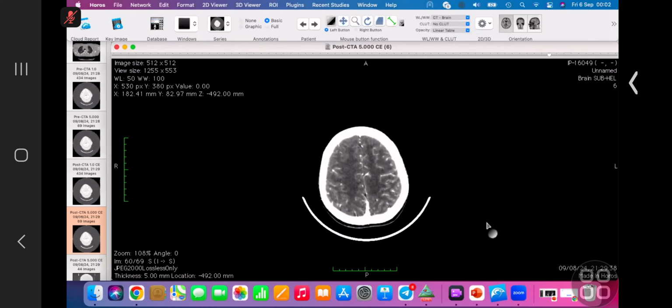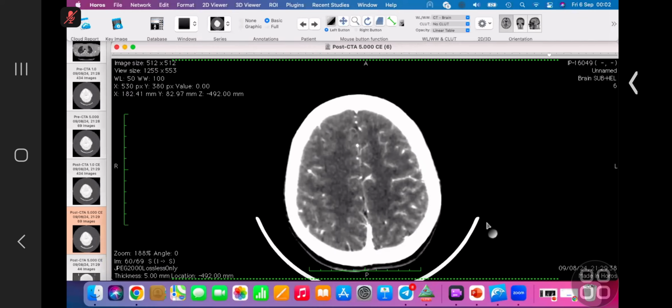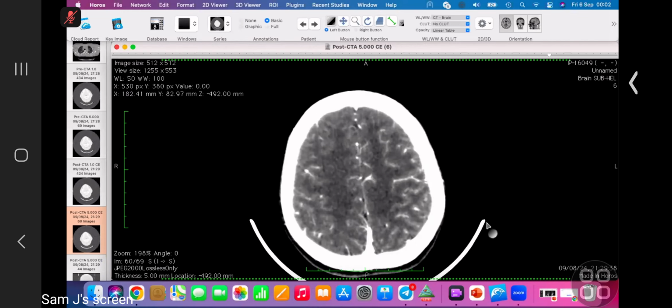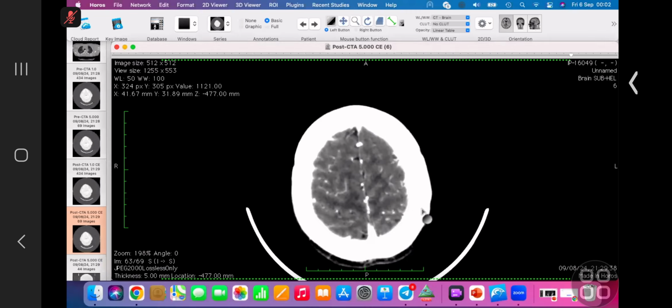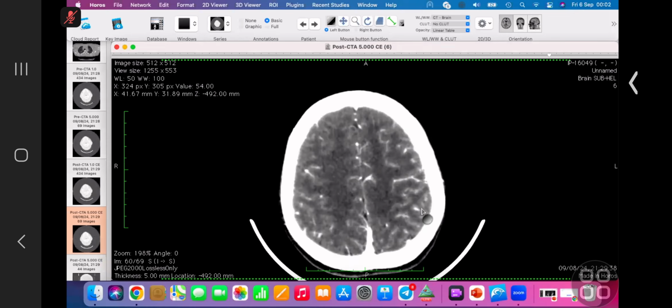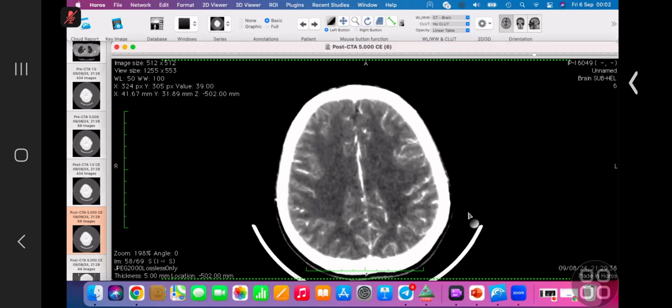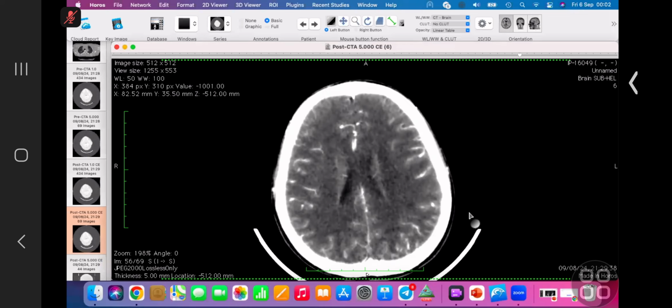Let me do it for you. I'll scroll. Just have a look. So I'm provided with post-contrast CT images of the brain at the soft tissue window.